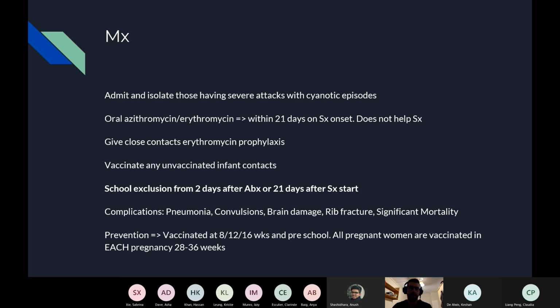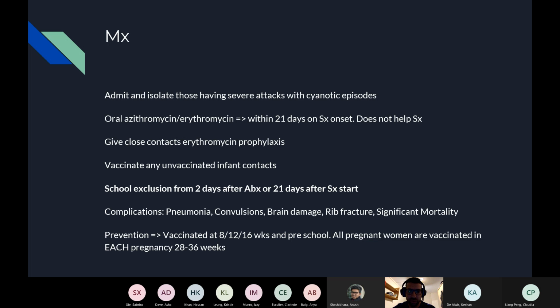Management: basically, you admit and isolate. You give erythromycin or azithromycin within 21 days of symptom onset, but it does not help symptoms. Give everyone in close contact erythromycin prophylaxis. Vaccinate any unvaccinated infant contacts. This is important: school exclusion for 2 days after antibiotics or 21 days after start.